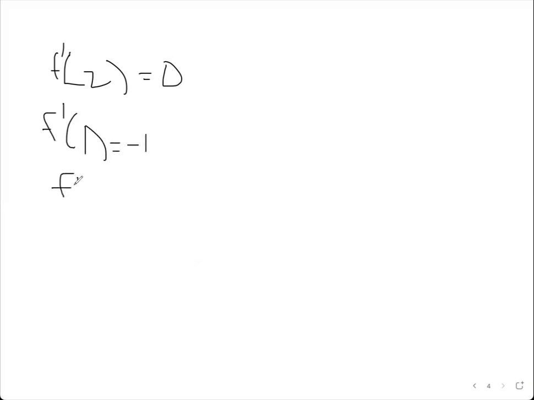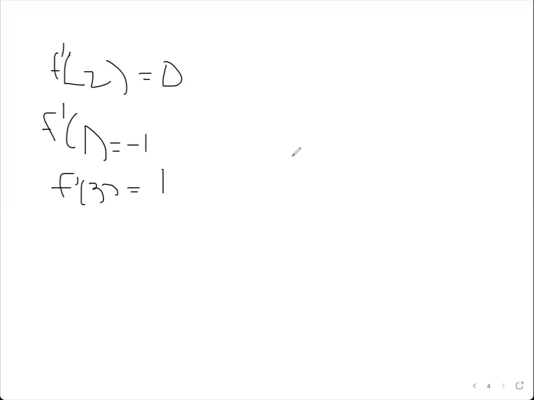If you know that for a certain graph, f prime of 2 is equal to 0, f prime of 1 is equal to -1, and f prime of 3 is equal to 1, is it a maximum or a minimum?